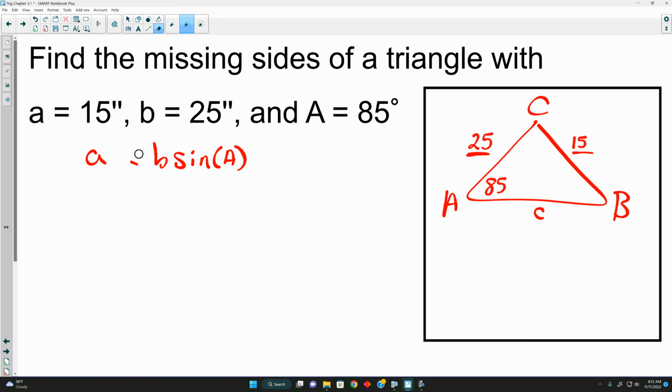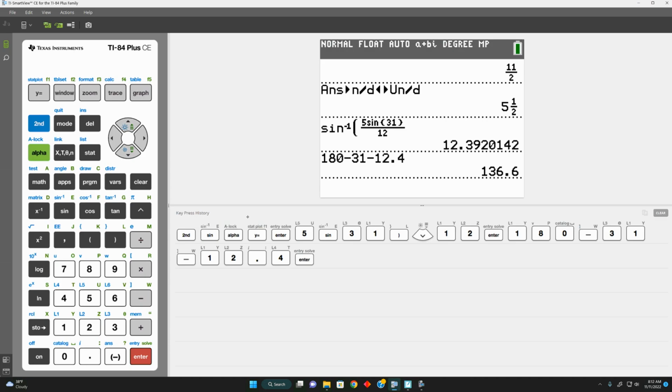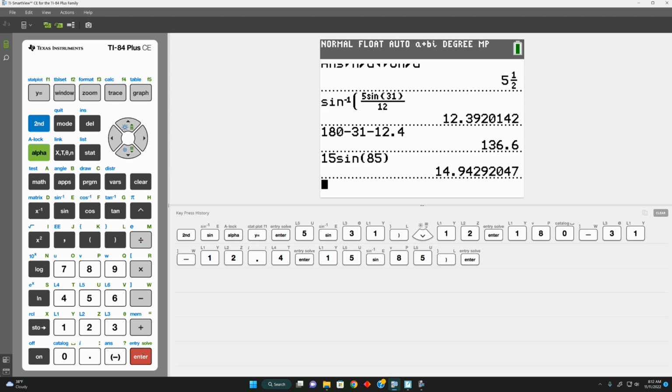So here, we can plug the information in. We know that A is 15. B sine of A is 25 times sine of 85 degrees. Now at this point, I can just grab the calculator and do 25 sine of 85.